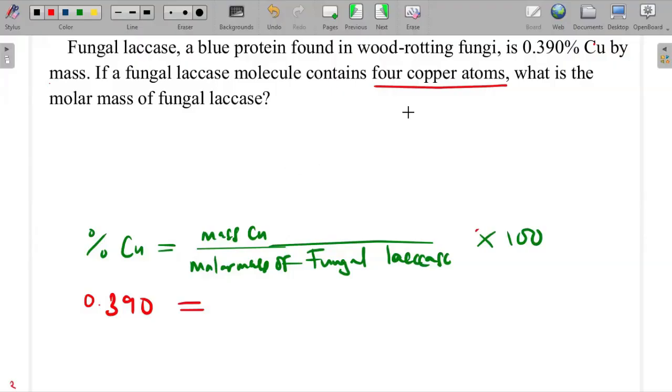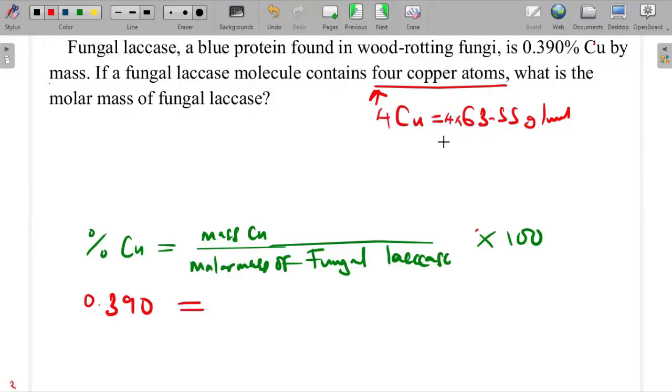If you go on the periodic table and check the molar mass of copper, it is 63.55 atomic mass units, or you can say grams per mole. It's the same thing. Now they said there are 4 of these, so it will be 4 multiplied by that.